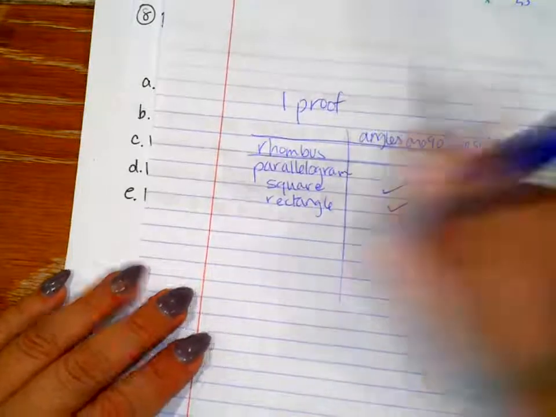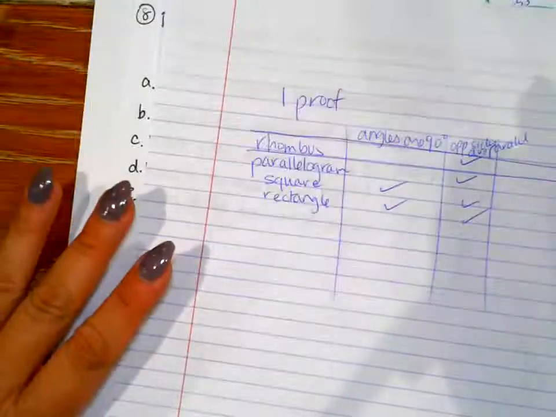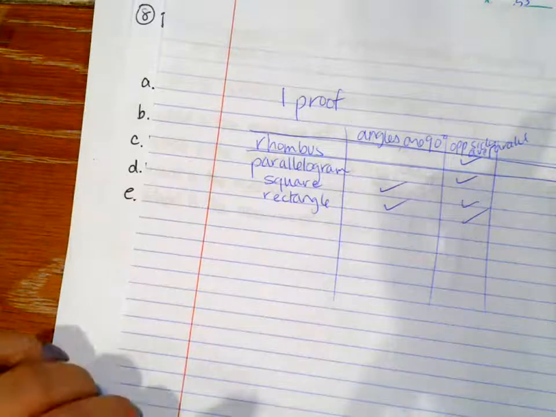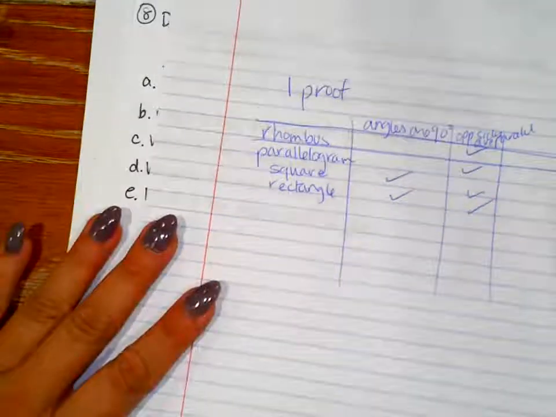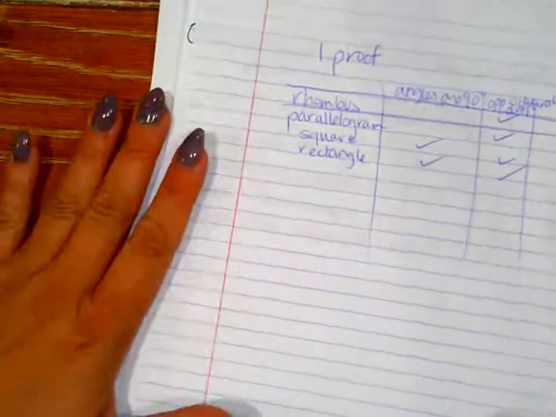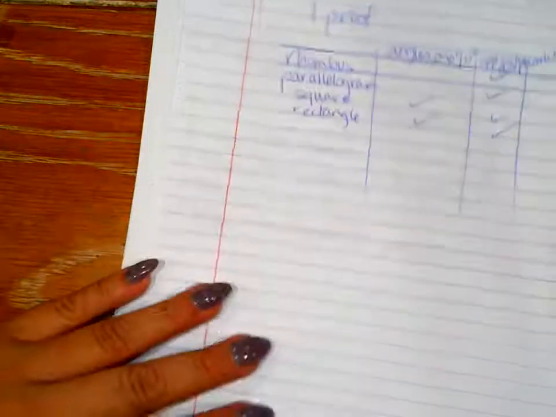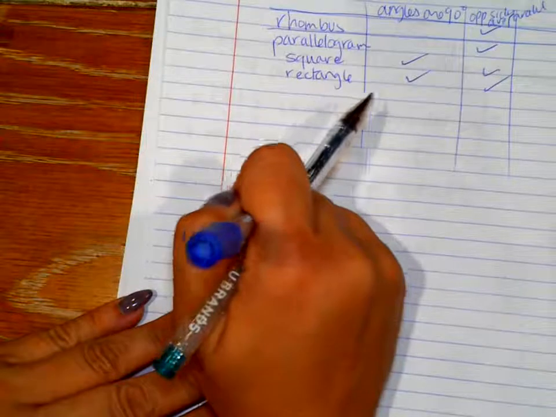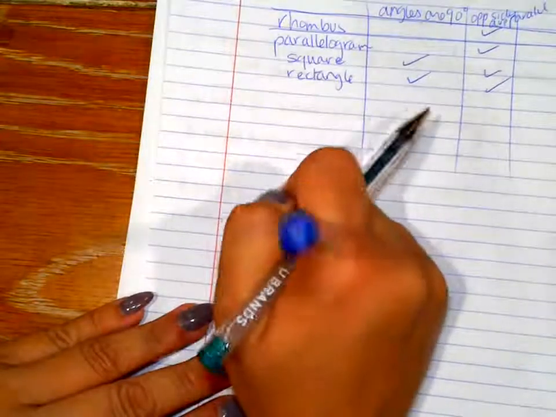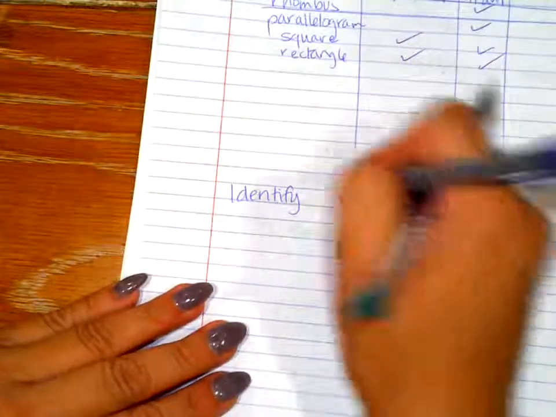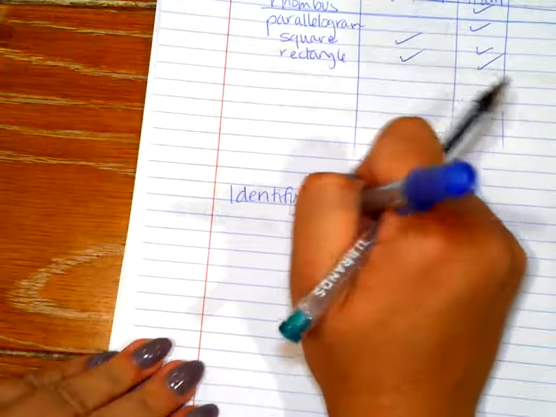So it literally looks like that with whatever's on there. Okay, there's only one proof on the test. Yeah, there is a section that looks like this where you have to identify the quadrilateral, or like identify or classify, I think it could say.